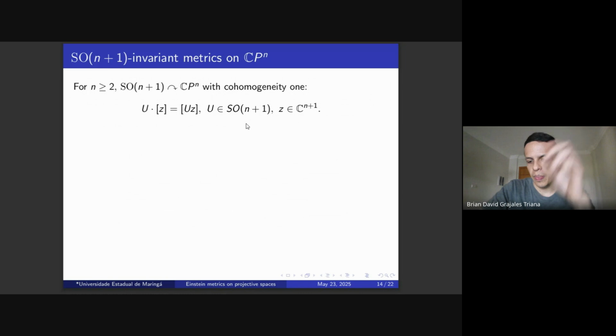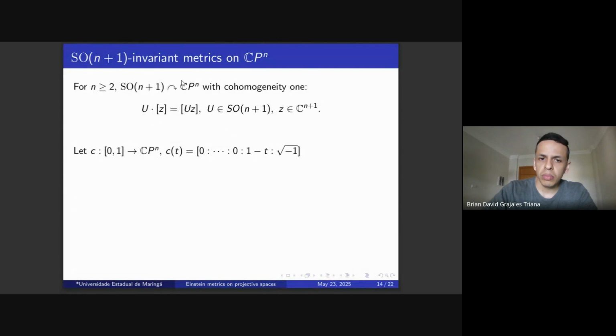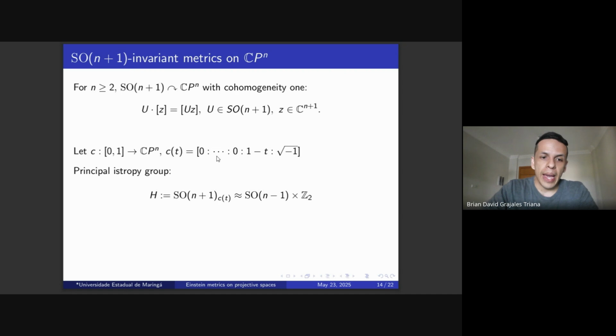And in this case, I think it's good because we can construct the geodesic. For example, we can parameterize the complex projective space, from [0,1] to CP^n, with this curve. This is the class of the vector whose first coordinates are 0, and the last two coordinates are 1 minus t and the square root of minus 1. And you can work with this action to determine, for example, the isotropy group.